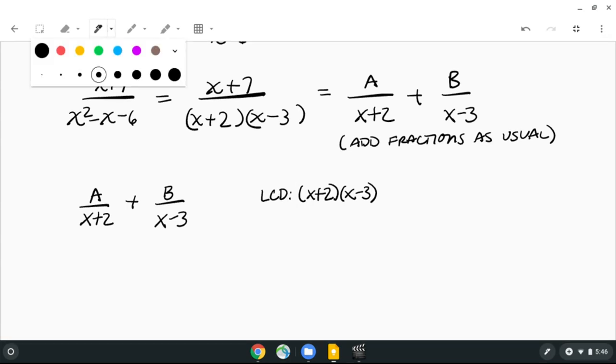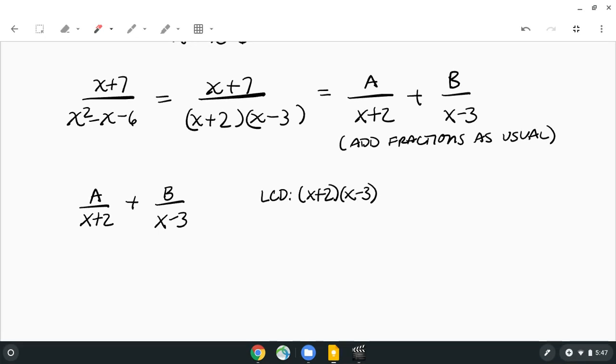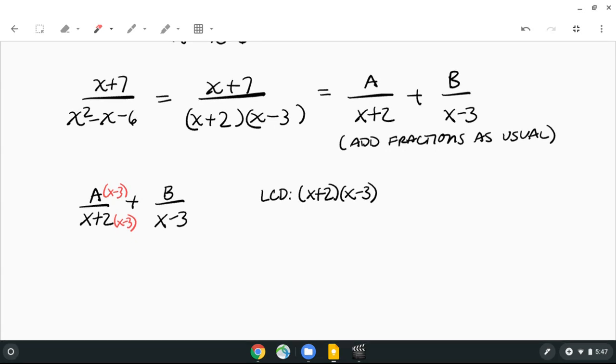Now I have to figure out what I need to multiply by. For the first fraction, I have x plus 2, but I don't have x minus 3. So I'm going to multiply this one by x minus 3 over x minus 3. The second fraction, b over x minus 3, I have x minus 3, but I need x plus 2.